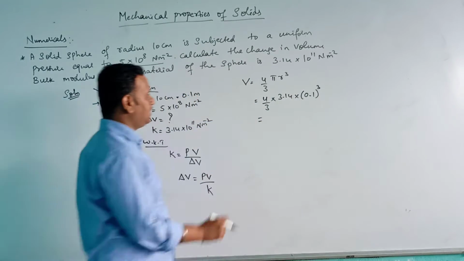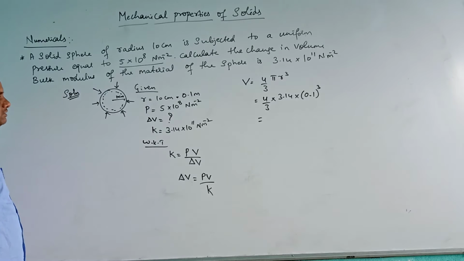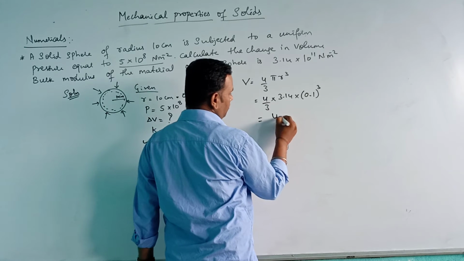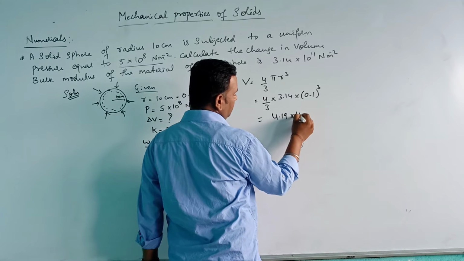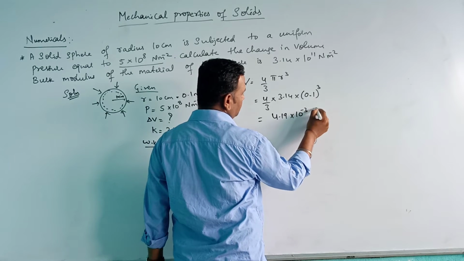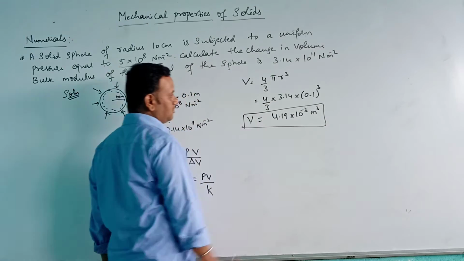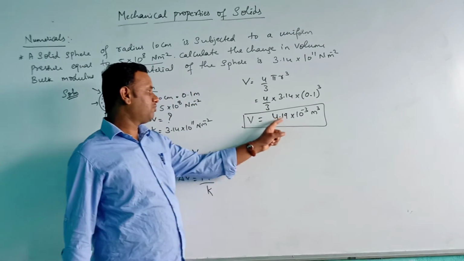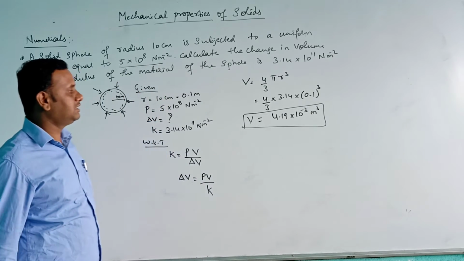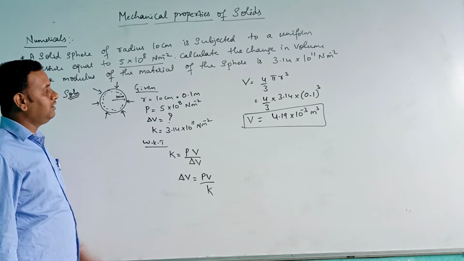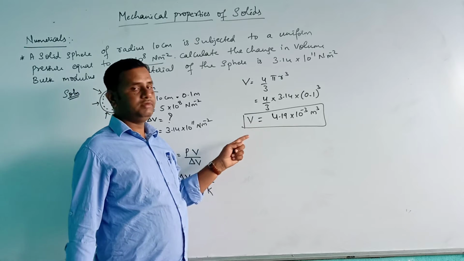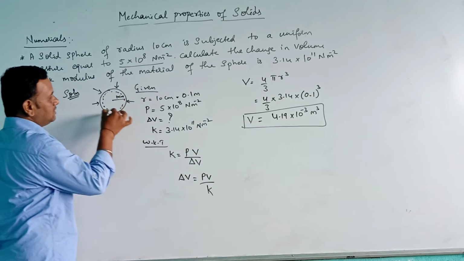If I calculate this, your answer will be 4.19 into 10 to the power of minus 3 cubic meter, which is the original volume of this sphere.